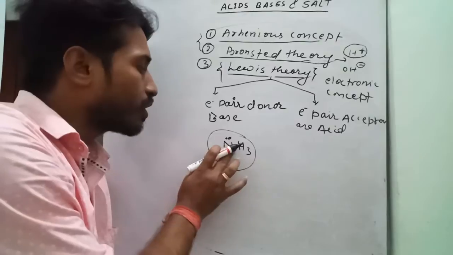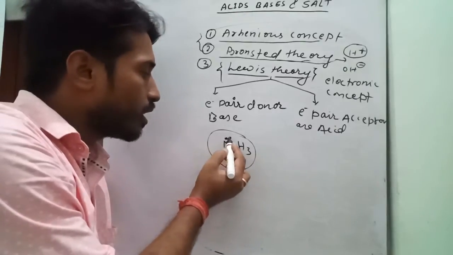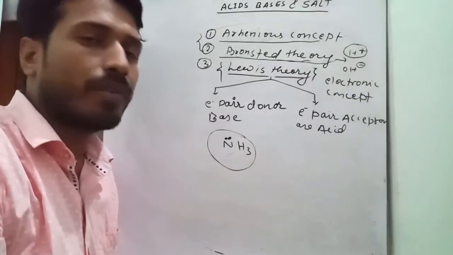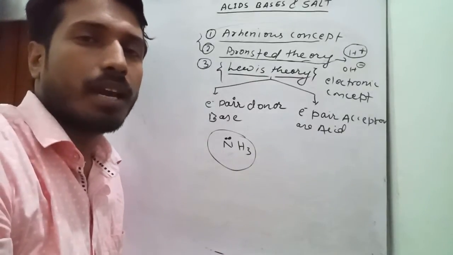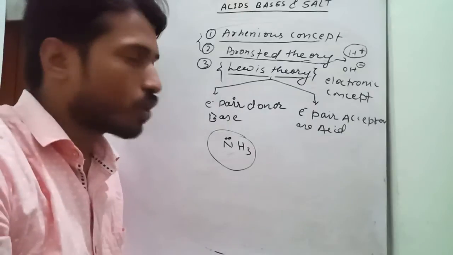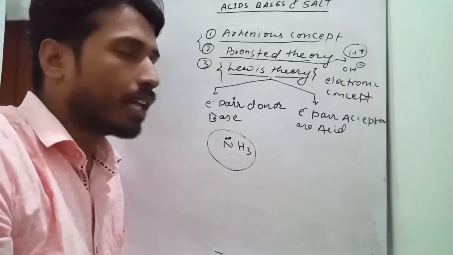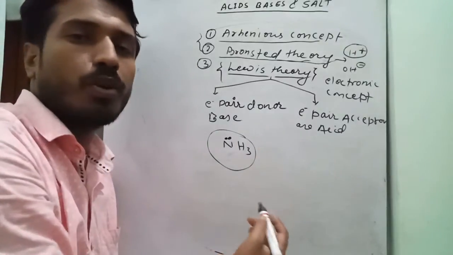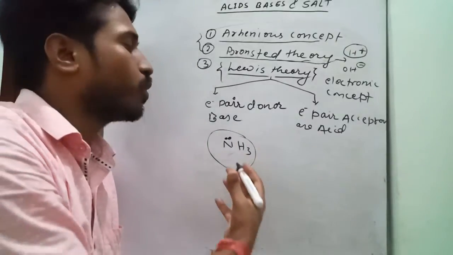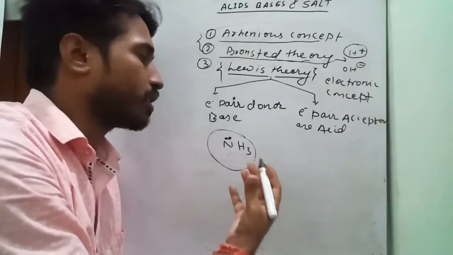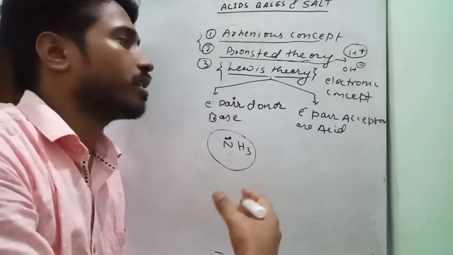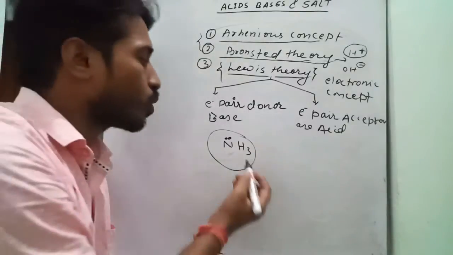In the Lewis theory, to see whether a species is able to donate or not, first of all you have to see whether it has completed its octet or not. How can you find the octet? By seeing the structure, and about the structure you can study in the further classes also.